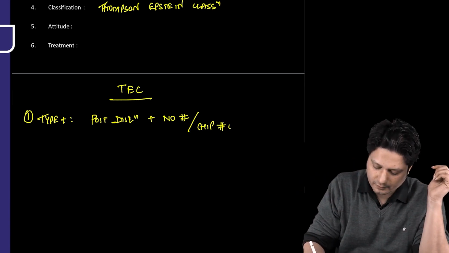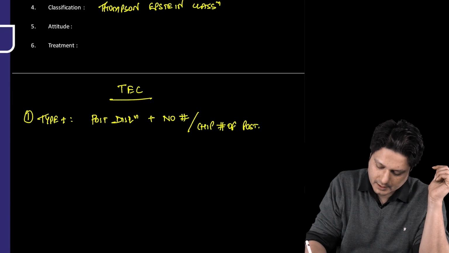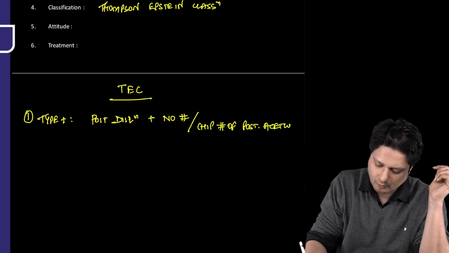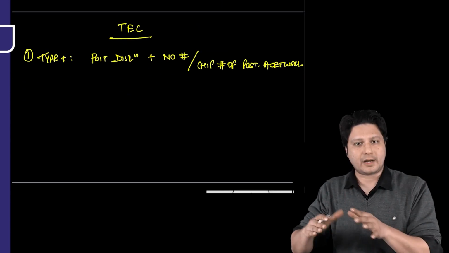So chip fracture of posterior acetabular wall. So this is type 1.